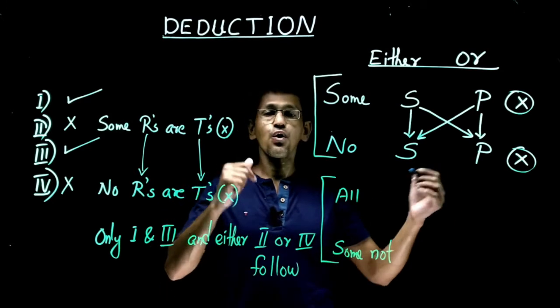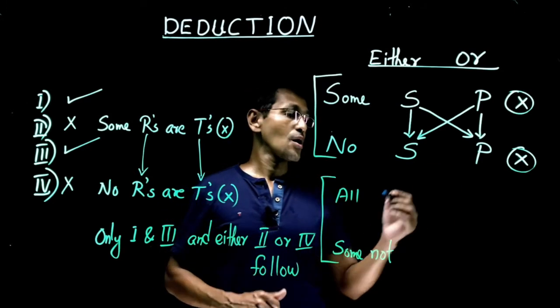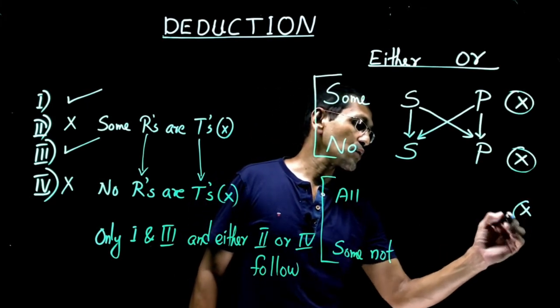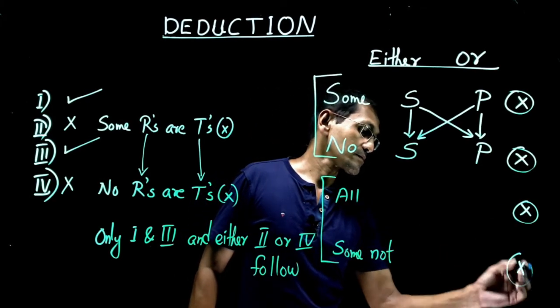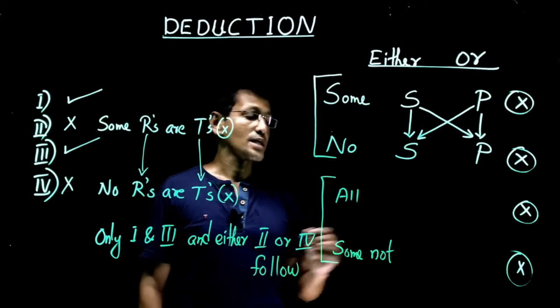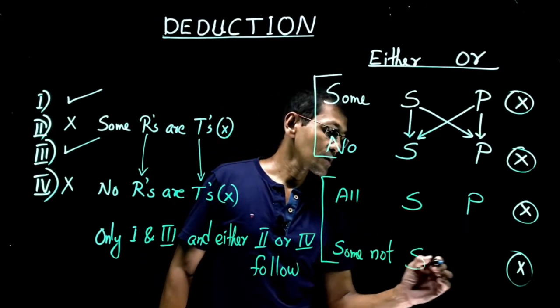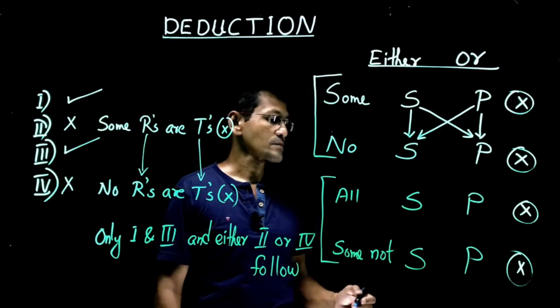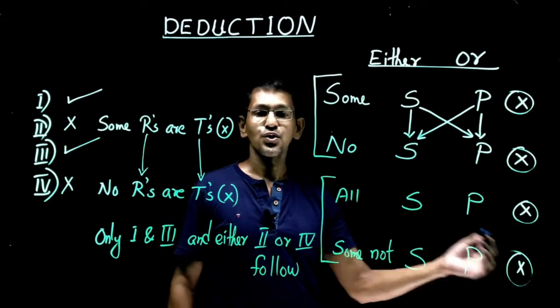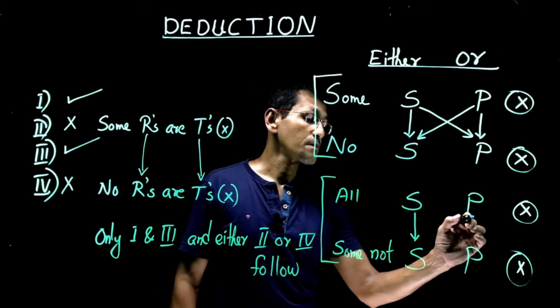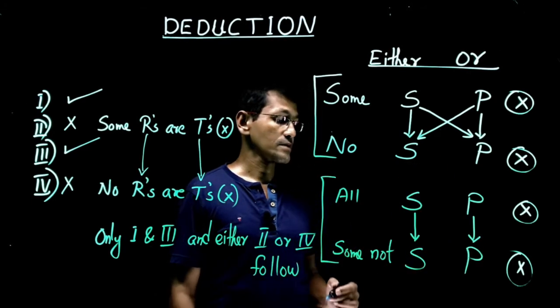What are the conditions for all and some not? Both conclusions do not follow. Then subject, predicate; subject, predicate. So both do not follow. Then subject must be subject, predicate must be predicate.